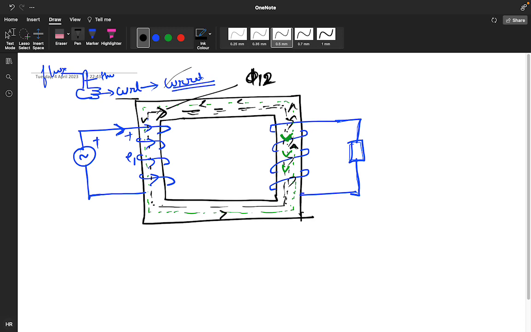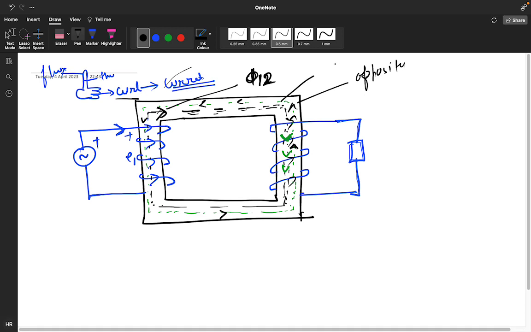So Lenz law says whatever flux you are getting in the primary, the opposite flux will be created in the secondary part. That's why we represent this flux as phi 21.